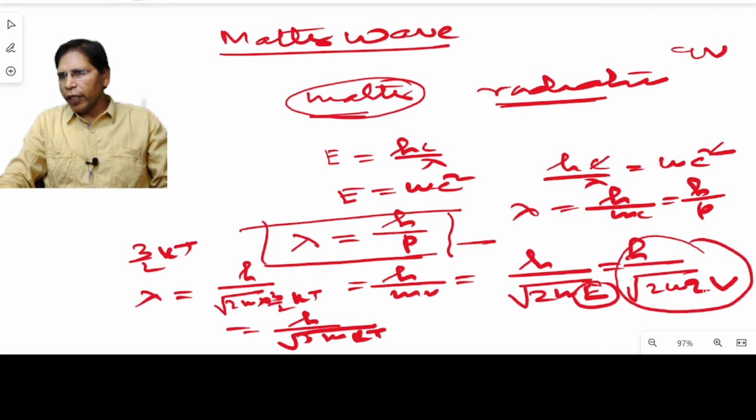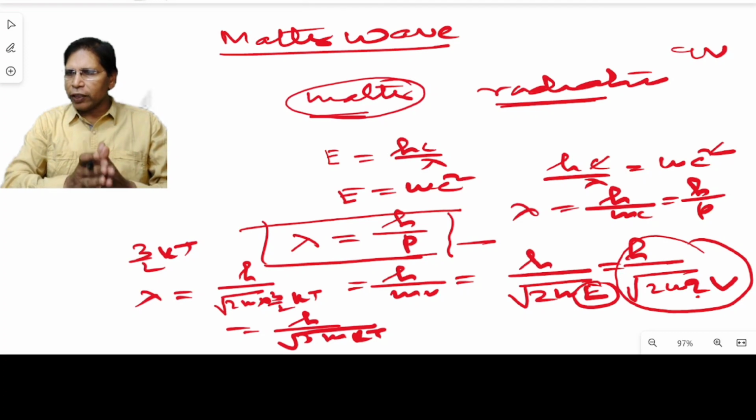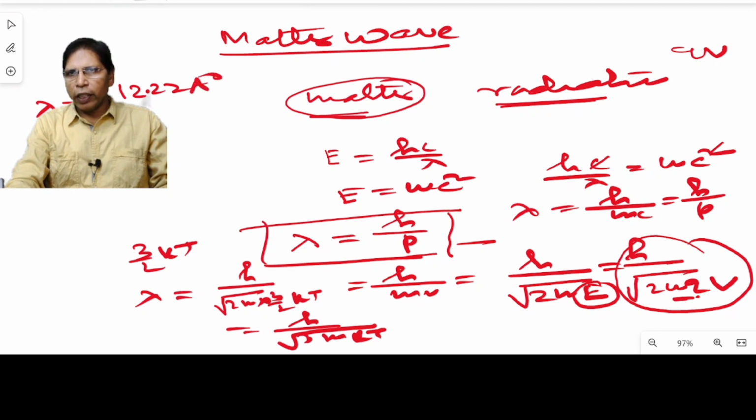For electron, if E equals 1.6 into 10 to the power minus 19, and mass m is equal to 9.1 into 10 to the power minus 31 kg, then lambda becomes 12.22 angstrom divided by root over V.